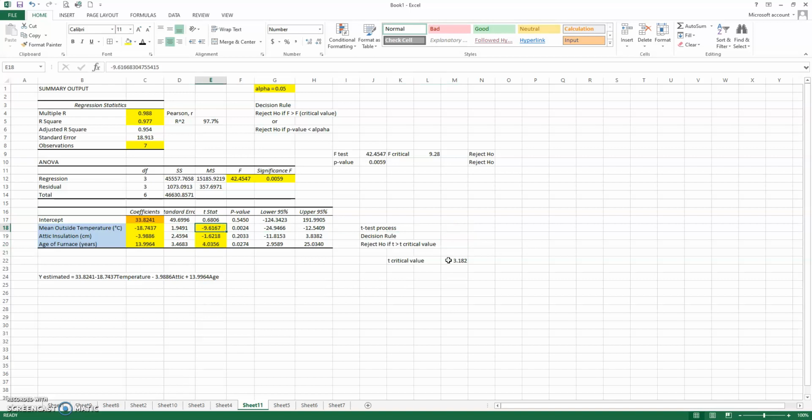So using the t-test process, 9.6167 is greater than 3.182, so we are going to reject. I'm going to write this over here, reject.